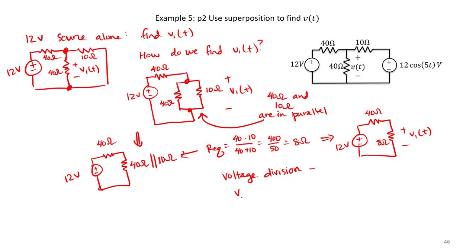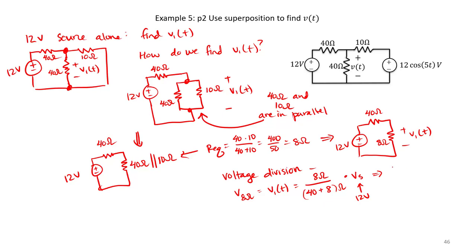So we know that the voltage across our 8 ohm resistor is going to be equal to V1 of t, which is going to be equal to our 8 ohm resistor divided by the sum of the resistors. Right, so 8 ohms divided by 40 plus 8 times Vs, which here is 12 volts.